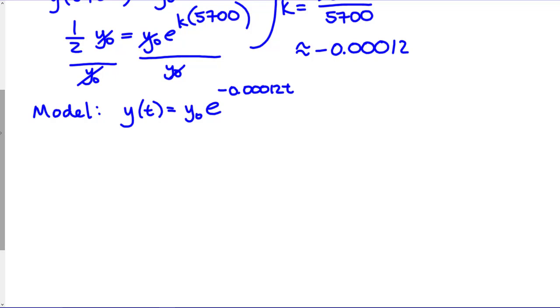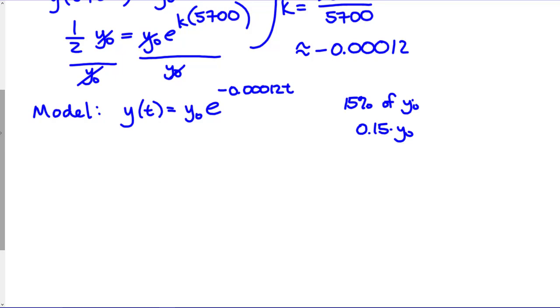And it's still okay that we don't know the original amount of carbon-14, because we know that there's 15% of the original amount. So 15% of y0 is just 0.15 times y0.